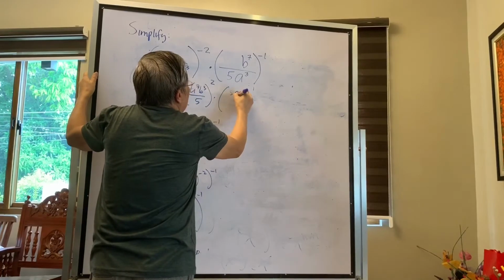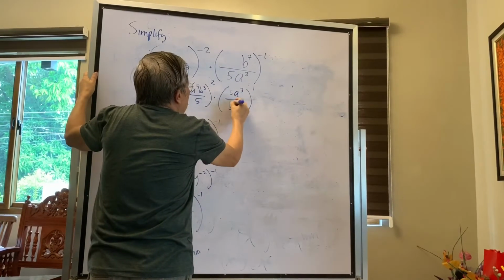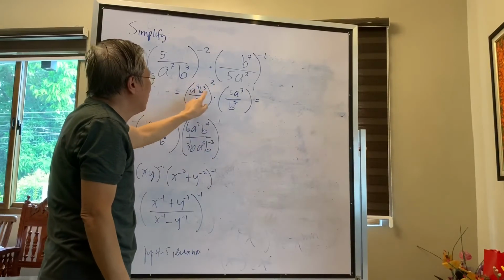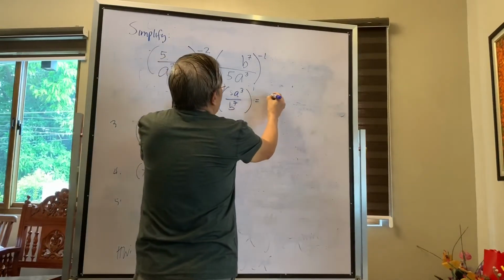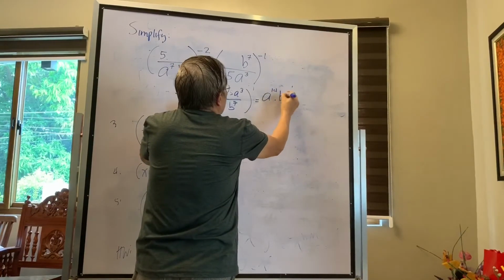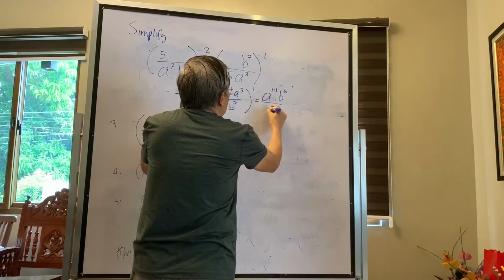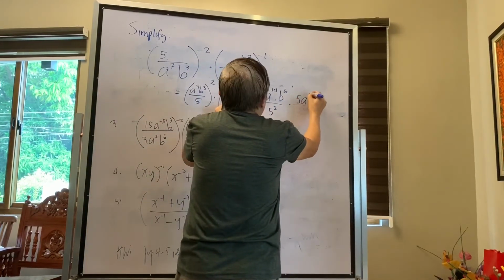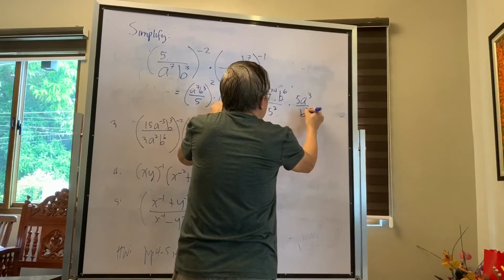We have 5a cubed over b to the 7. Then and only then can we apply this exponent. Okay, so power over power will give me a to the 14, b to the 6 over 5 squared. And then here we get 5a cubed over b to the 7.